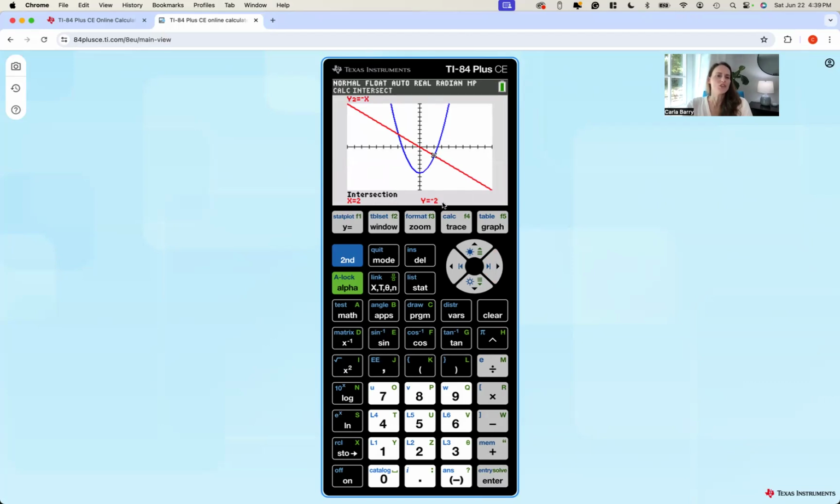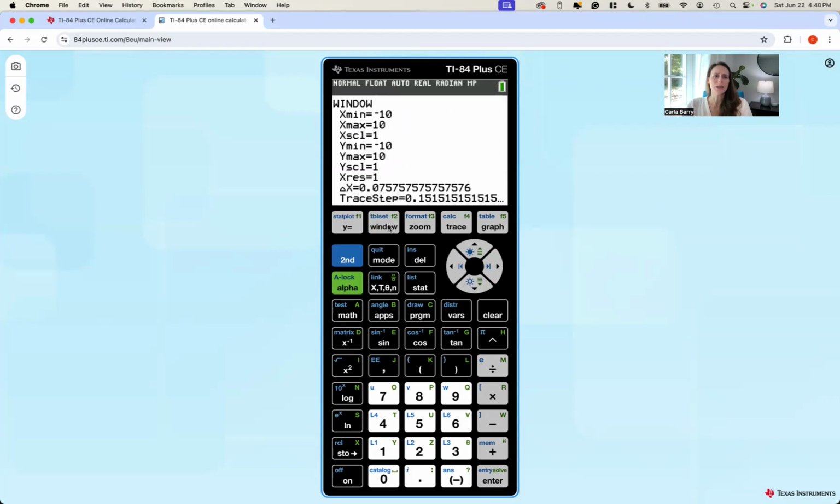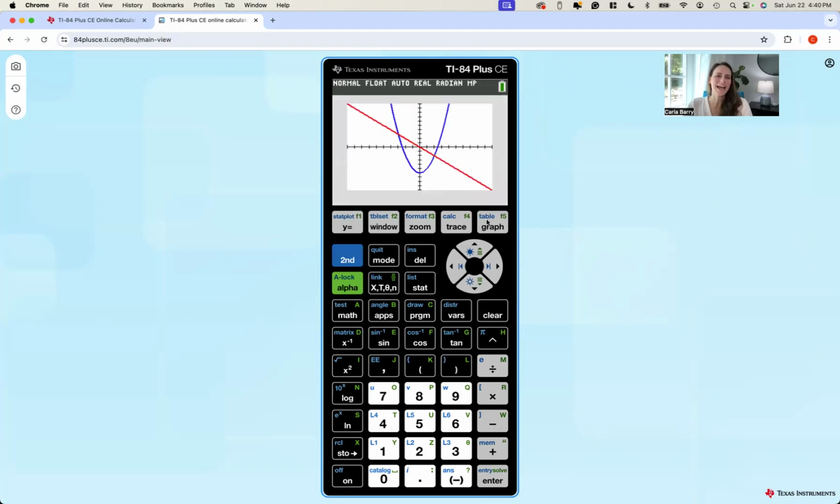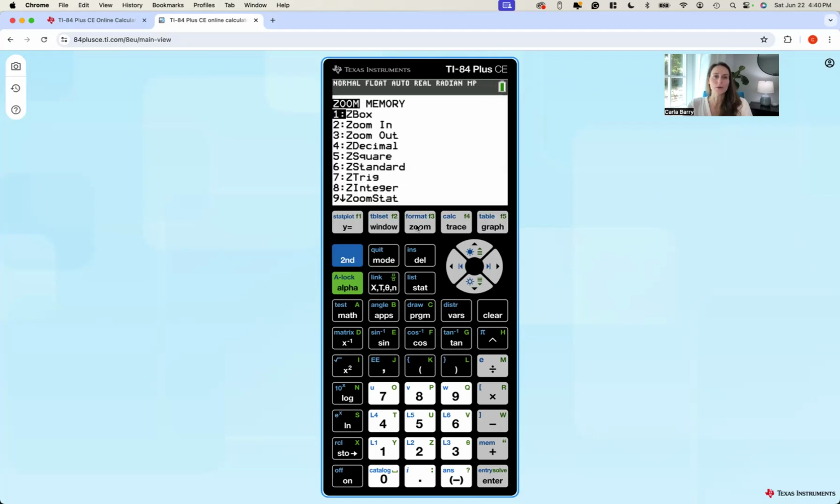For graphing in general, I rarely change my window, if ever. I would argue I maybe have changed it one time in like 10,000 questions or more. So I really never change the window for the SAT or the ACT. Instead, I'm going to use my zoom button. So I'm going to zoom out if I need to.